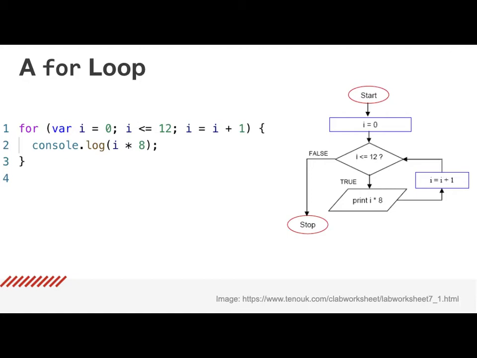So we don't have an expectation of when this loop will stop. The other one is a for loop, which will stop after a specific condition that we know in advance, and we know how many times it will run. So this, 0 to 12, is 13 times. So we know this loop will run 13 times. Okay? Go read.